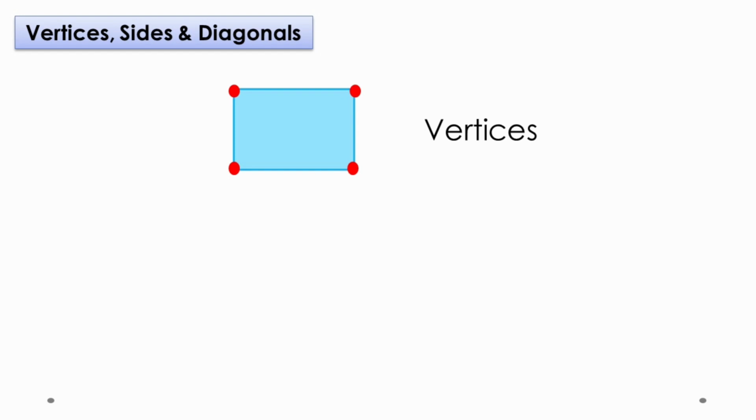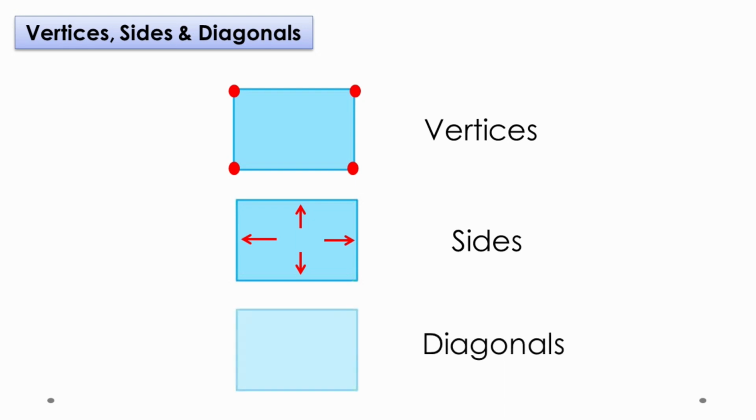The next is sides. The line segments present in the polygons are the sides of a polygon. Now, what are diagonals? When two opposite points meet through a line, that line is called a diagonal. These lines in red that are joining the two opposite points are the diagonals here.